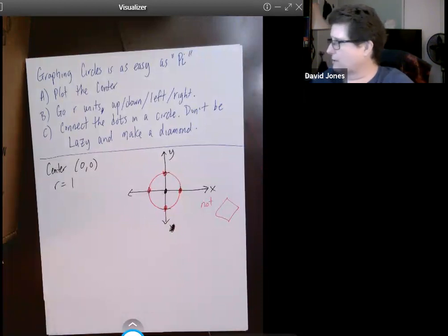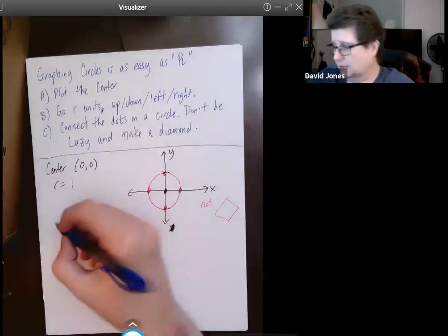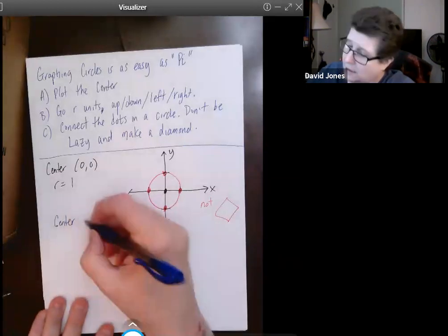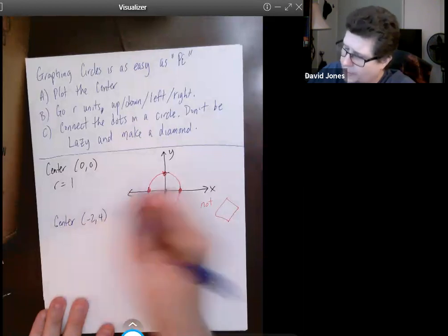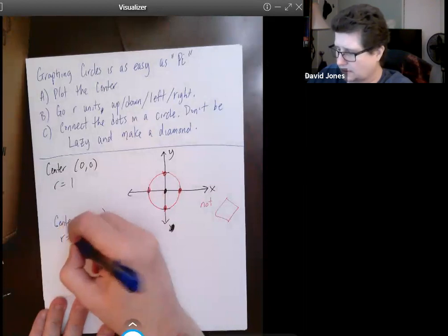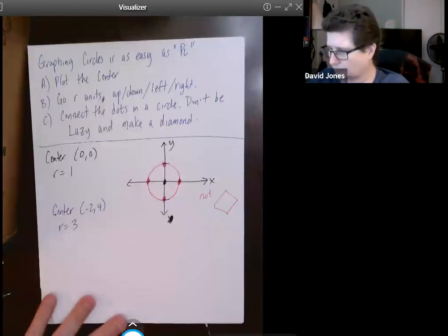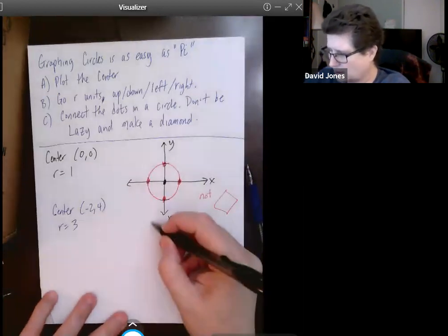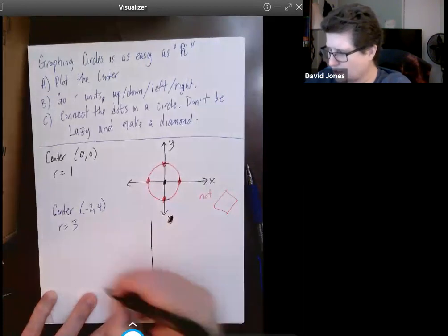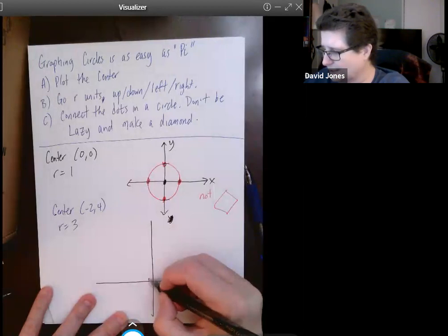What about the center is (−2, 4) and r equals 3? −2 is to the left of the center, and 4 is above it.